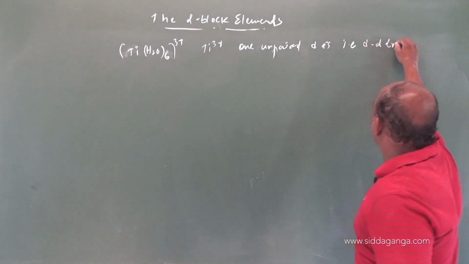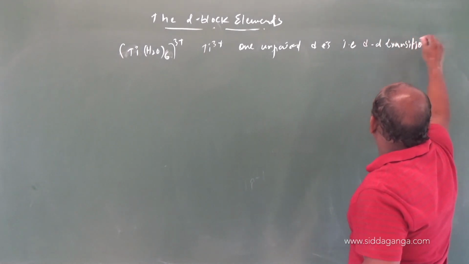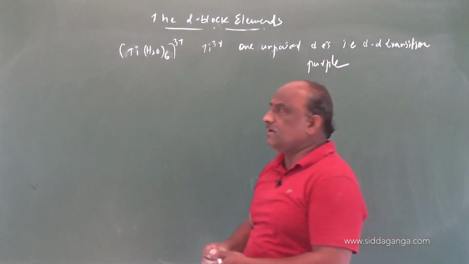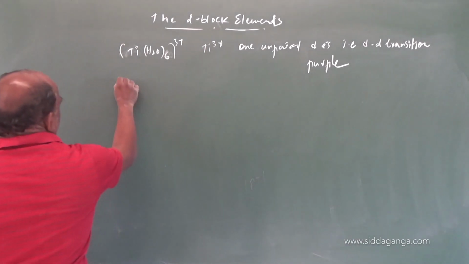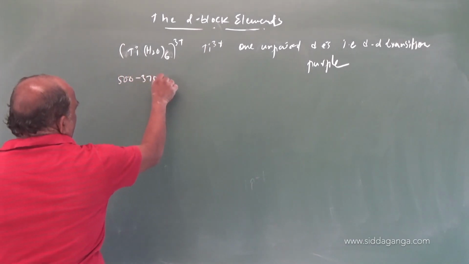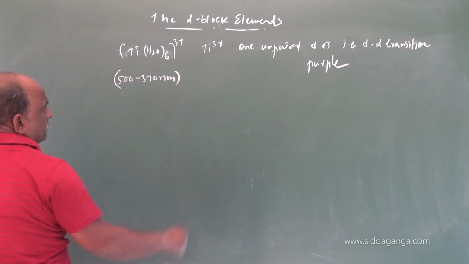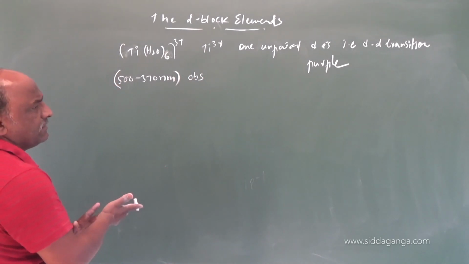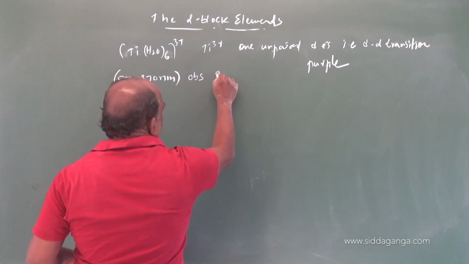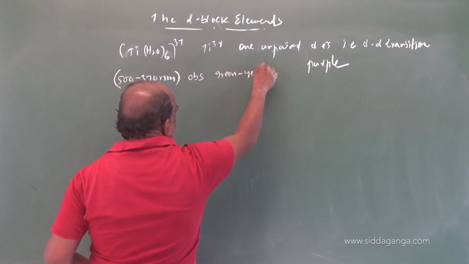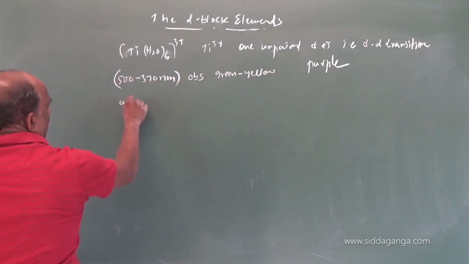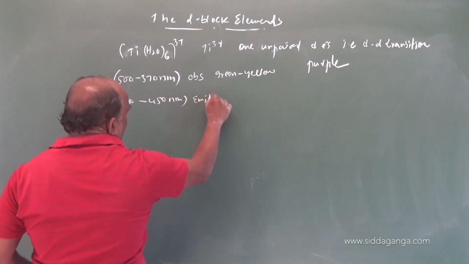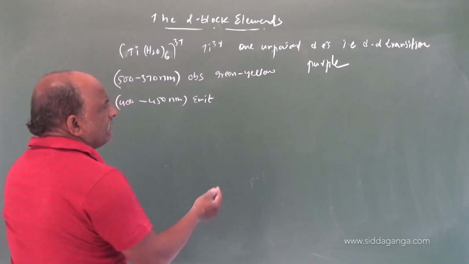That is dd transition, and which color is it? Purple color, dd transition and purple color. So I said that 500 to 570 nanometers wavelength is absorbed, that is greenish yellow, green and yellow, and 400 to 450 nanometers is emitted, that is red violet.